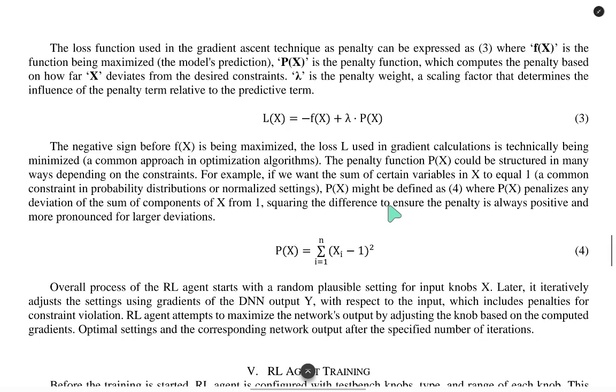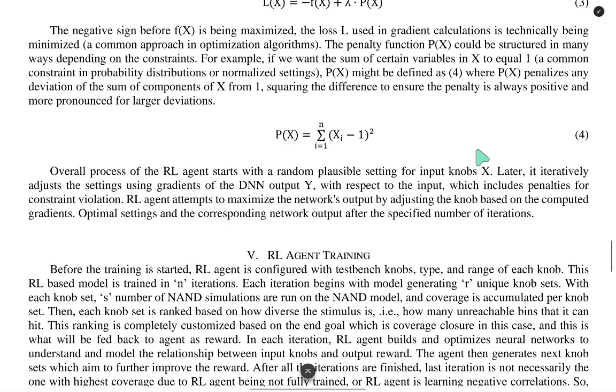Squaring the difference ensures the penalty is always positive and more pronounced for larger deviations. P(x) equals the summation, i equals 1 to n, of (xi minus 1) squared.